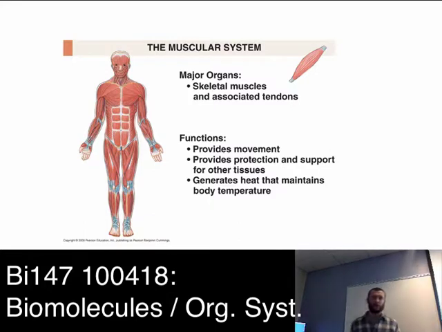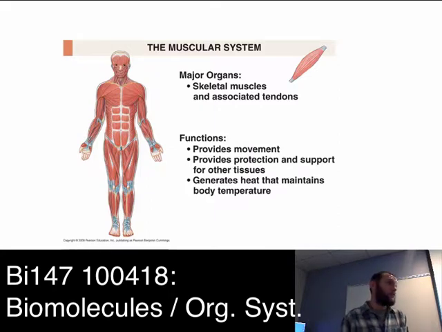We'll talk about that more. And the muscular system. Also going to spend quite a bit of time talking about musculoskeletal function. So the muscular system is only made up of skeletal muscles. No cardiac muscle, no smooth muscle. The muscular system is simply the skeletal muscles, and then, of course, the connective tissue that's associated, which make up the various tendons.